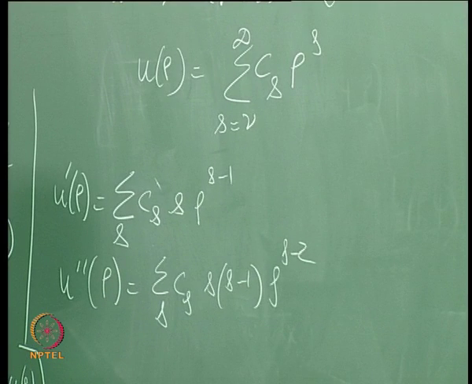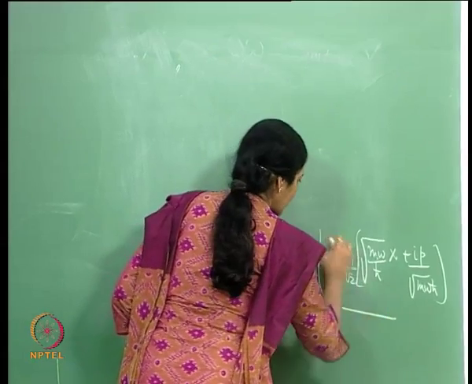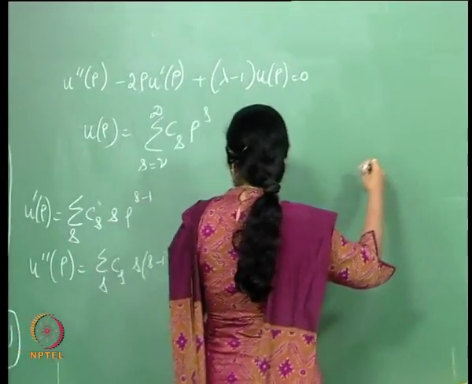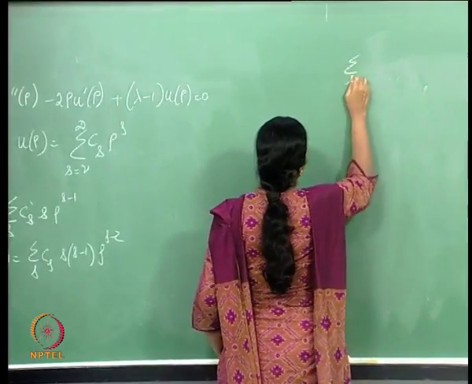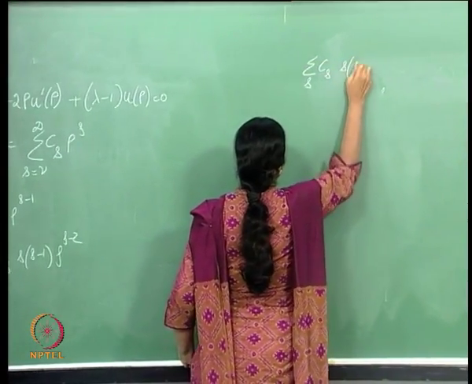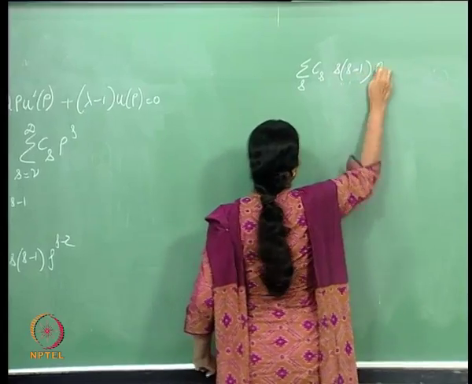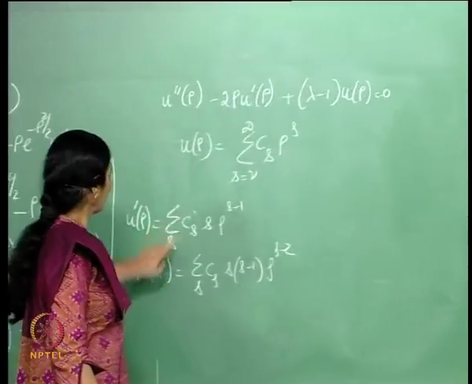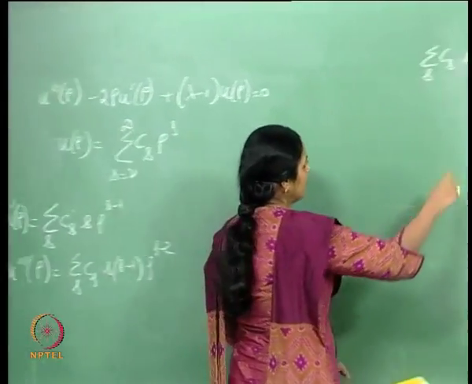Now substitute this. I will keep this for later perhaps. So when I substitute this back, I have summation over s Cs s times s minus 1 rho to the s minus 2. That is what I have for u double prime, minus 2 rho u prime.